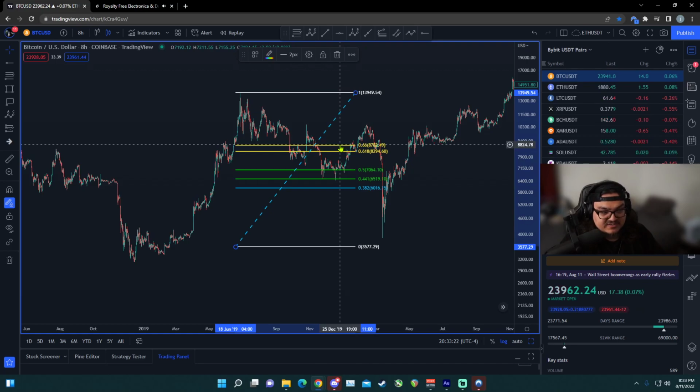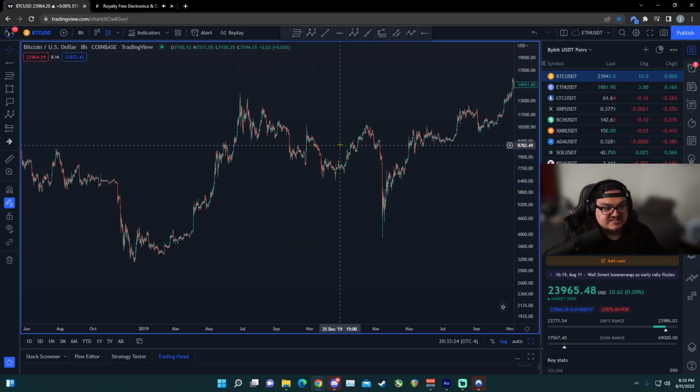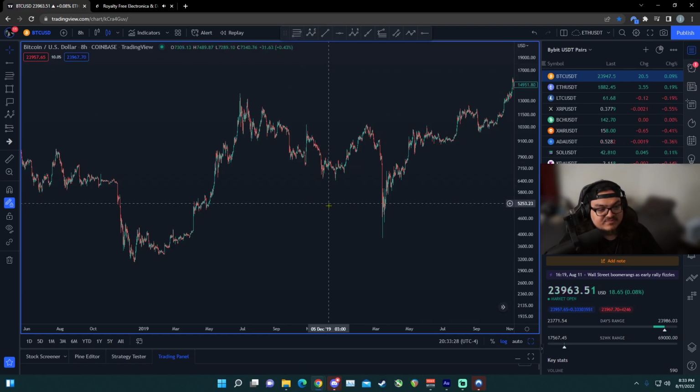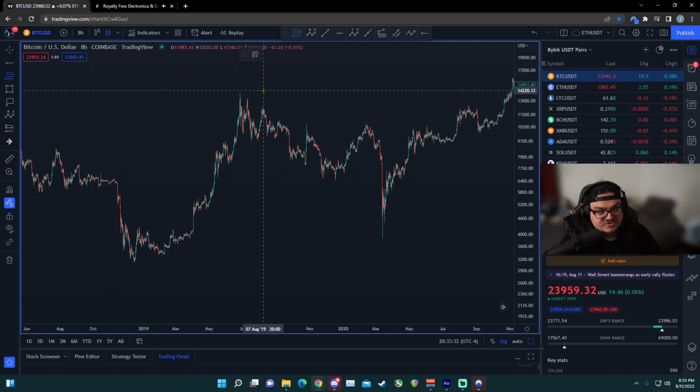Now in the book, basically it's saying that whatever the previous trend of the trend that you're drawing ends up lining up, you're supposed to do math.